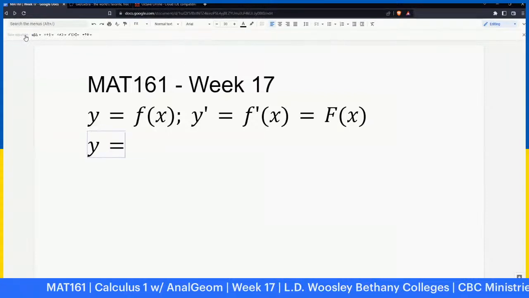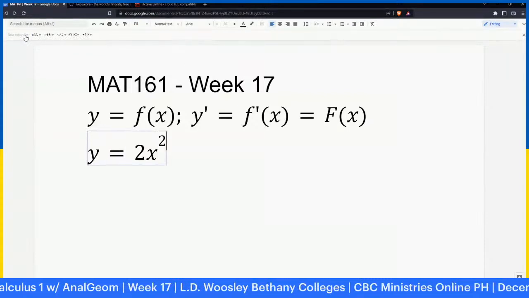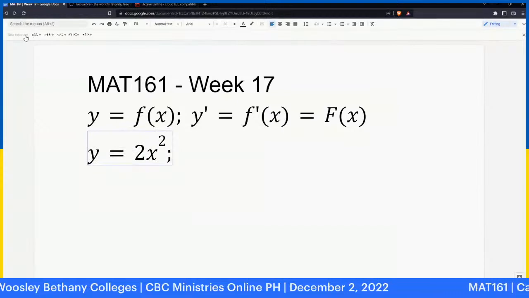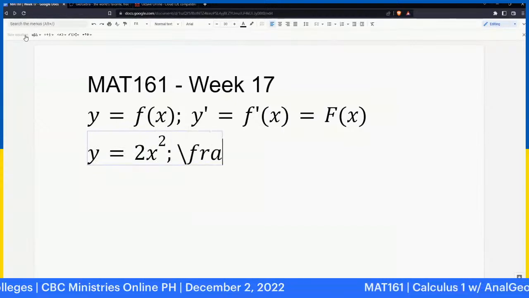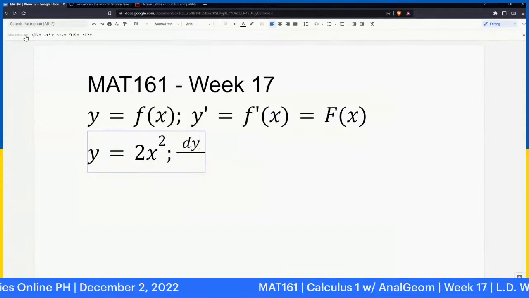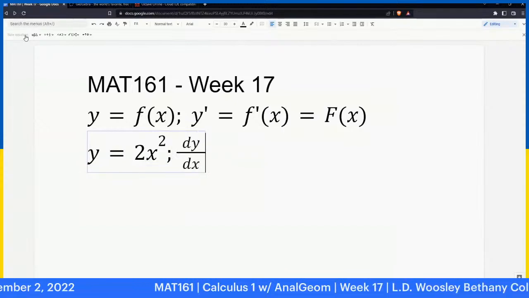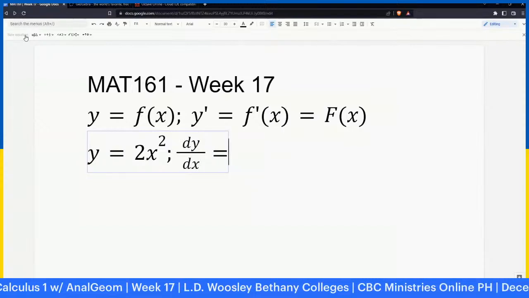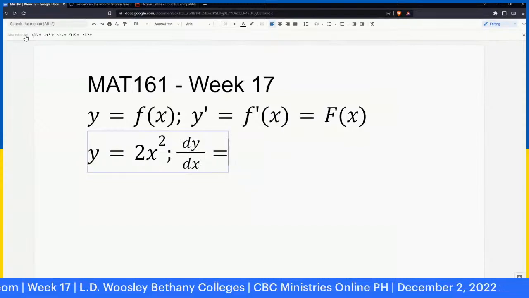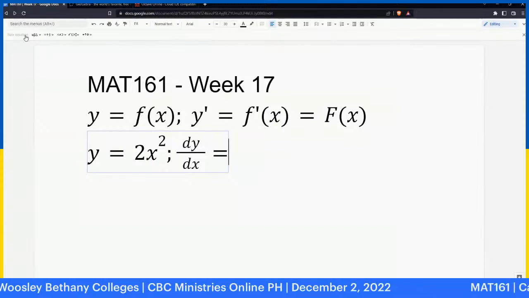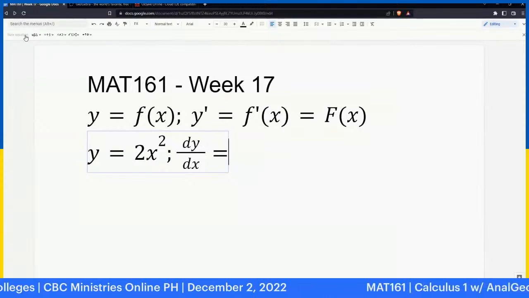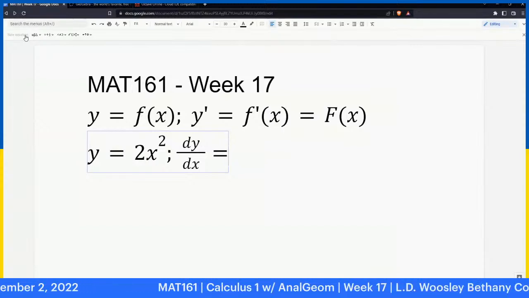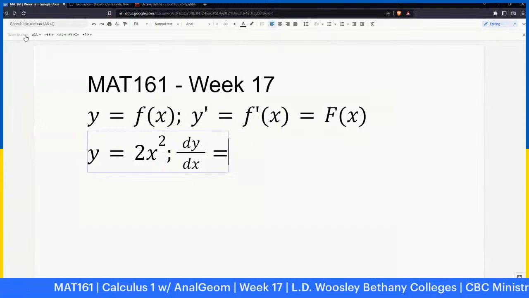Say y is equal to 2x squared. Okay, so obviously your y prime would be equal to, Nora, what's the answer? 4x. 4x. All right, 4x.